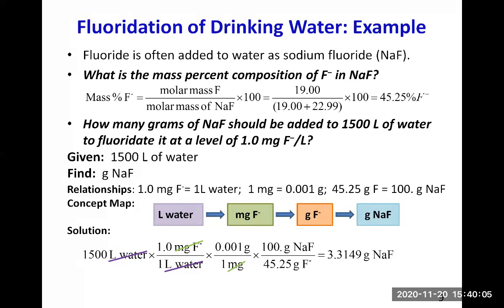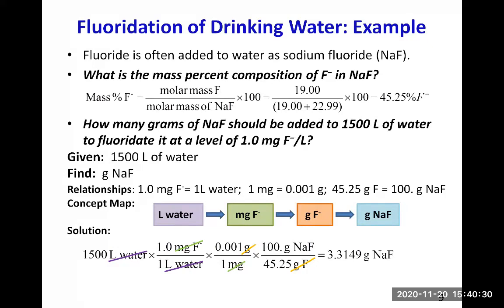And so for this, we use the mass percent of fluorine in NaF, and it's 45.25 grams of fluoride per 100 grams of NaF. And so we have the 45.25 grams of fluoride on the bottom, so we can cancel grams of fluoride. And we will be left with grams of NaF as the unit.